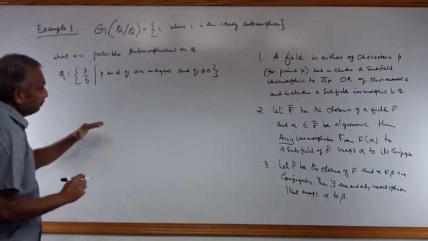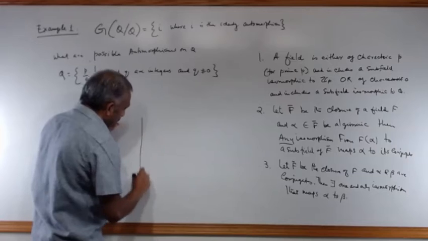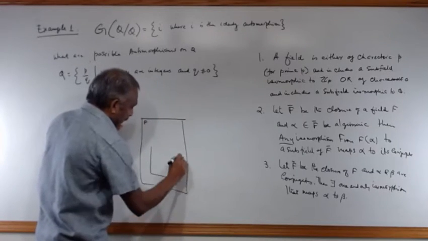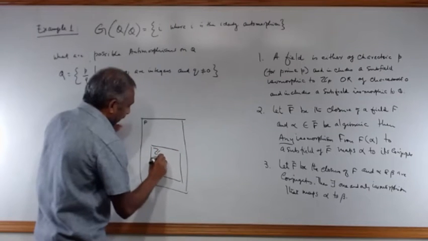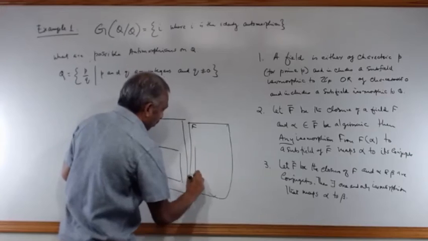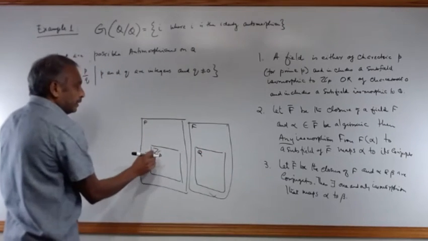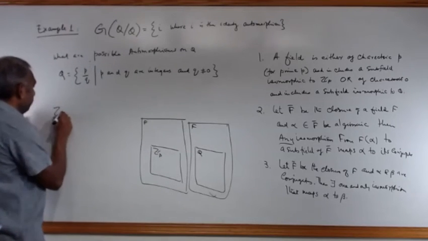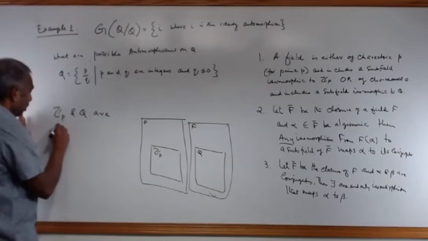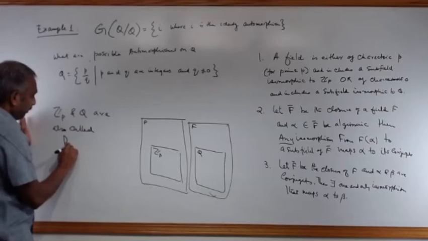By the way, I just forgot to mention one more term. Any field contains either Z_p or Q. So these two fields, Z_p and Q, are also called prime fields.